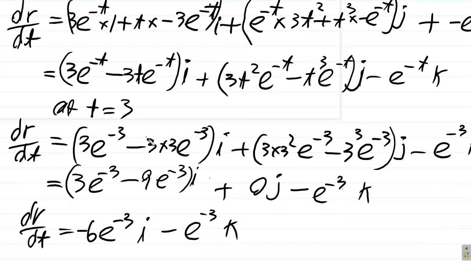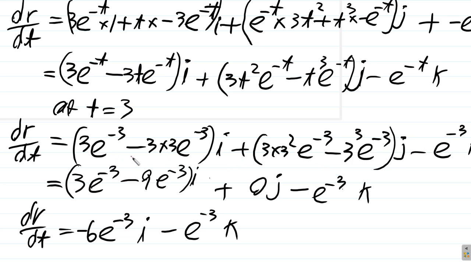Then after that, you have 3e to the negative 3 when you substitute 3 for t, minus 3 times 3 e to the negative 3 in the i direction, plus 3 times 3 squared e to the negative 3, then 3 cubed e to the negative 3 in the j direction, minus e to the negative 3 in the k direction.